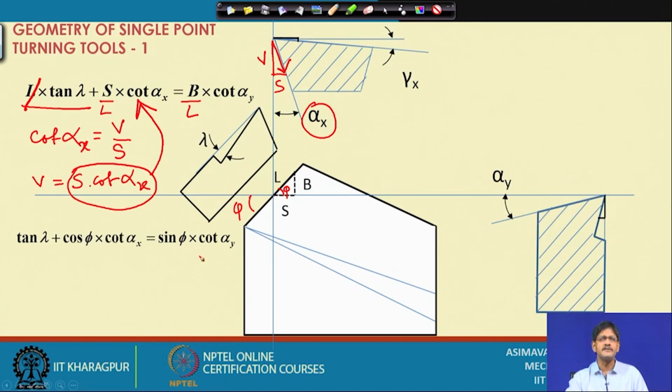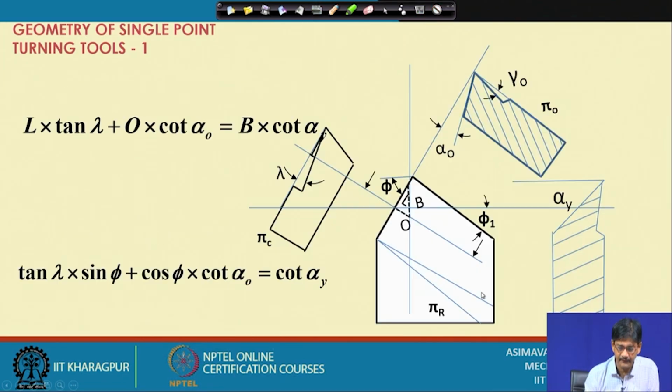So, there must be relationships existing between clearance angles in the American system and the clearance angle in the orthogonal system and the clearance angles in the normal rake system. One by one we are going to deal with them. So, let us see what we have in store in the next case.